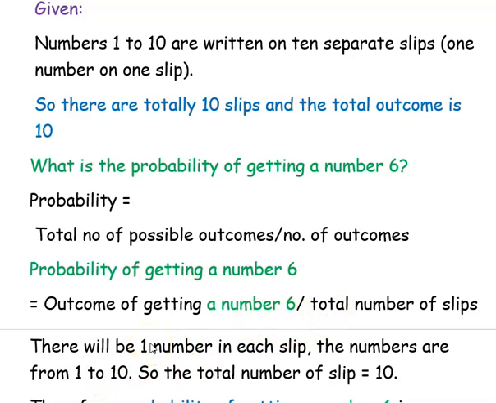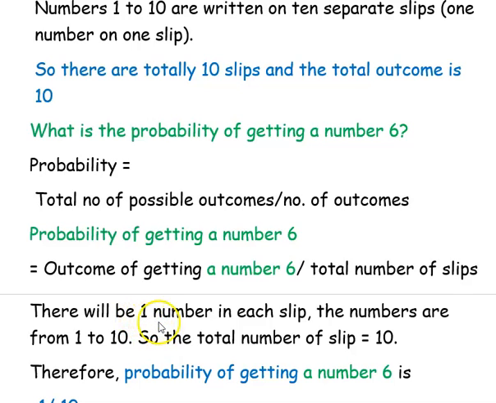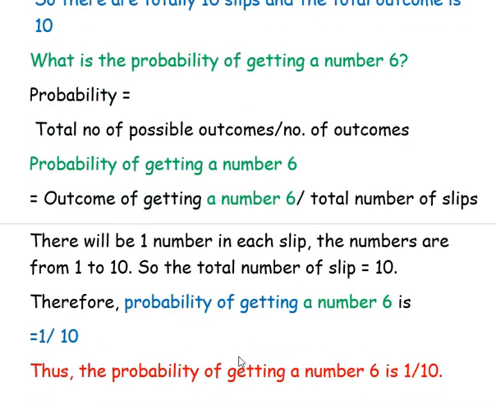The numbers are from 1 to 10, so the total number of slips is 10. There is a number 6 on only one slip, so the number of outcomes is 1. So 1 divided by 10. Thus the probability of getting a number 6 is 1 divided by 10.